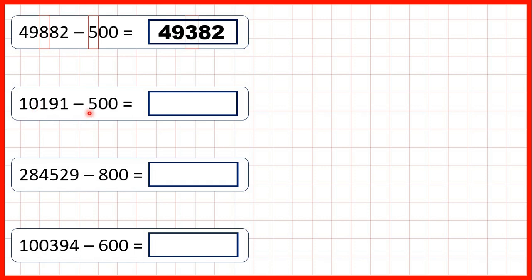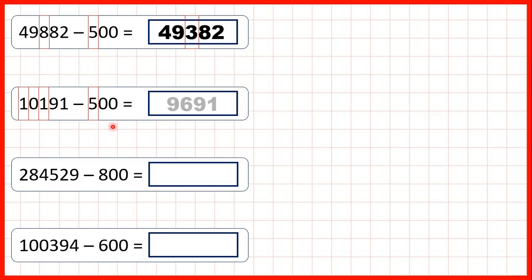Now we have 10,191 minus 500. But here, if we highlight our hundreds digits, 5 is more than 1. So what we need to do when this happens is highlight digits to the left as well. But in this number, to the left, we have a 0. So we need to go all the way over to our 10,000s digit, and then we have 101 minus 5.